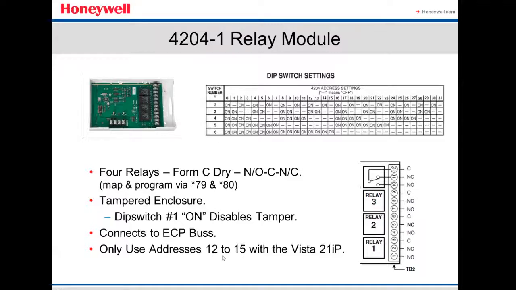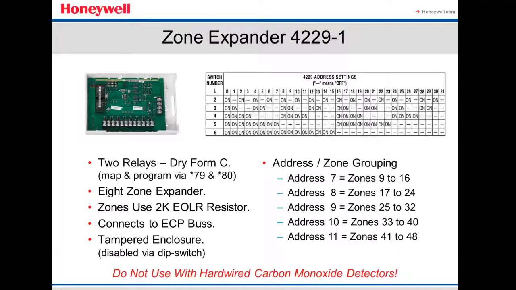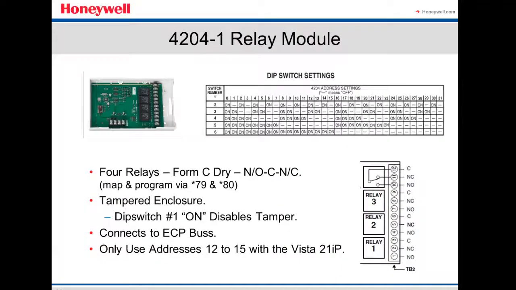These are the addresses on the Vista 21: the zone expanders are 7 to 11, and the relay modules are 12 to 15. Same thing, it connects to the ECP bus.